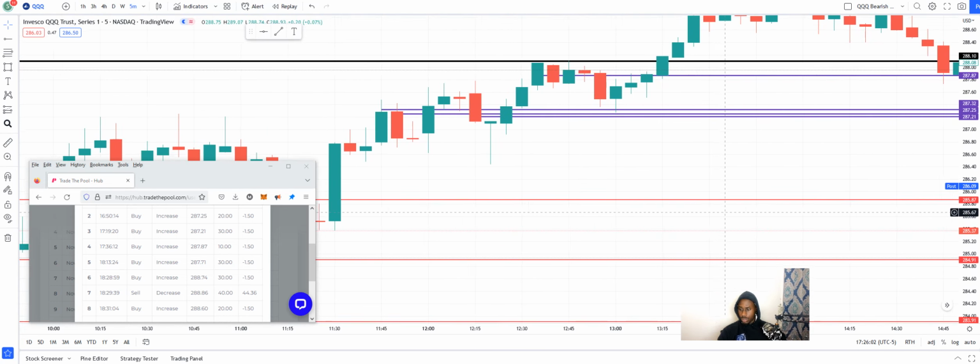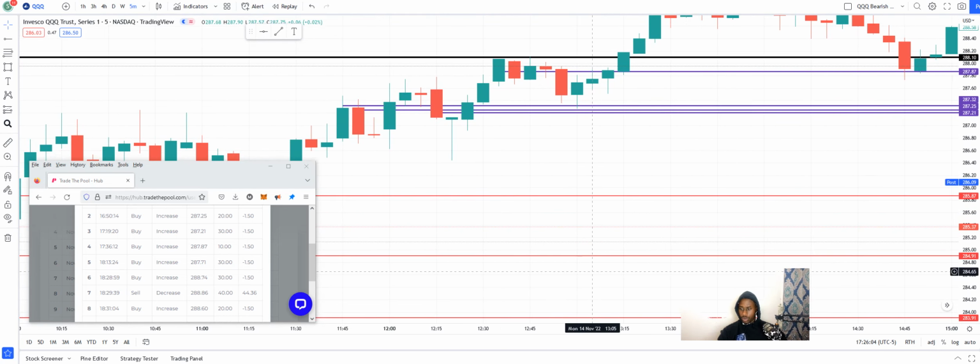Okay, let's get it over now. 113. So we're at 1 o'clock here. 113 would be on this candle, and then I entered at 28771.